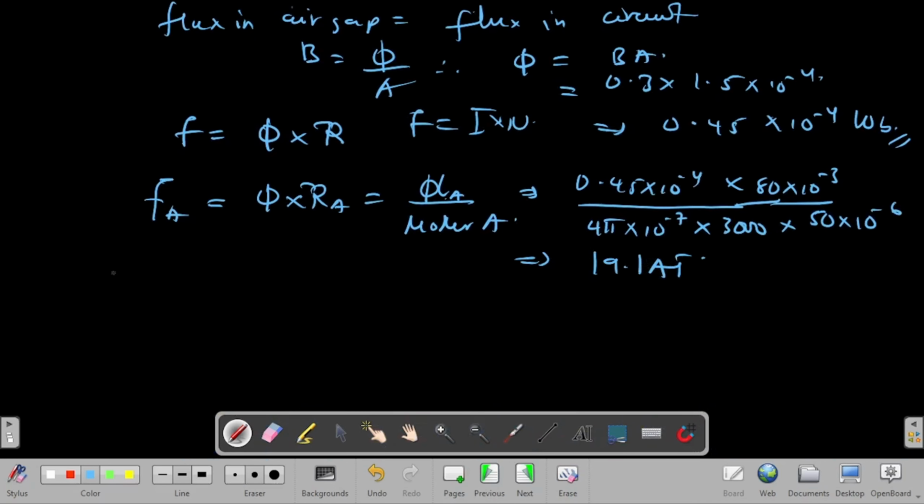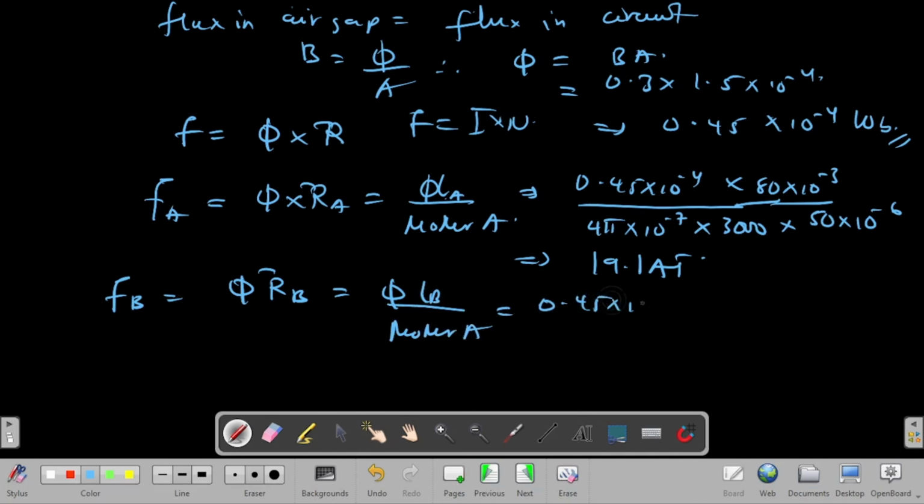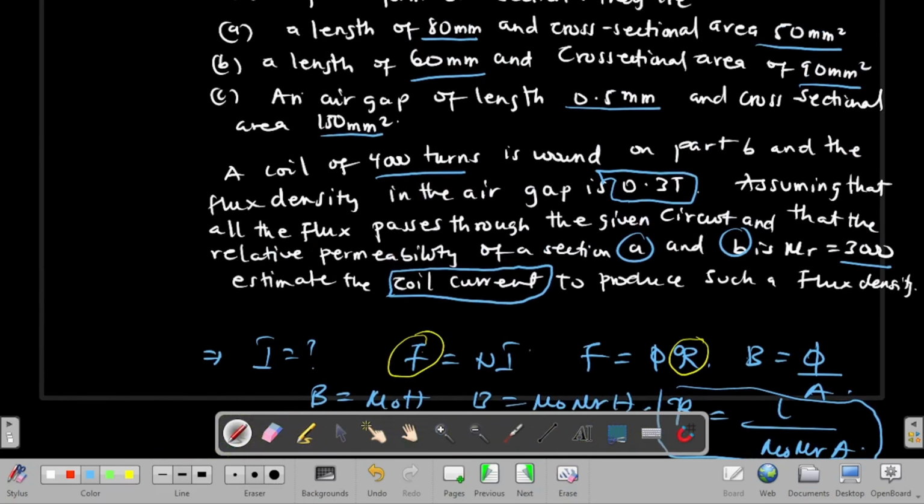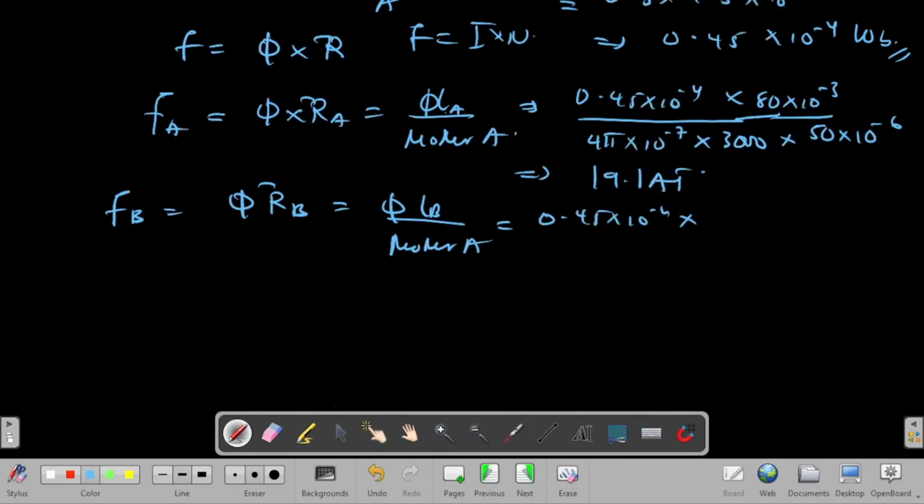This gives us our answer, FA, to be equal to 19.180 ampere turn. Now we find FB, which is the flux times RB. What is the reluctance across B? LB over mu naught mu R times A. Therefore, I'll have 0.45 times 10 to the power negative 4 times my length of B, which was given as 60 millimeters, and cross-sectional area 90.